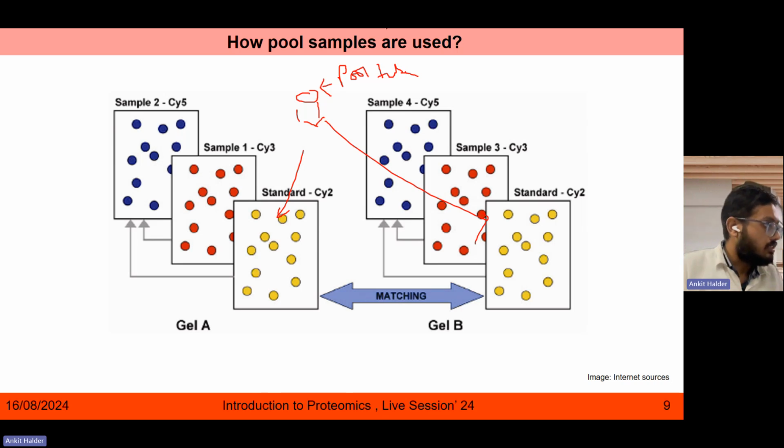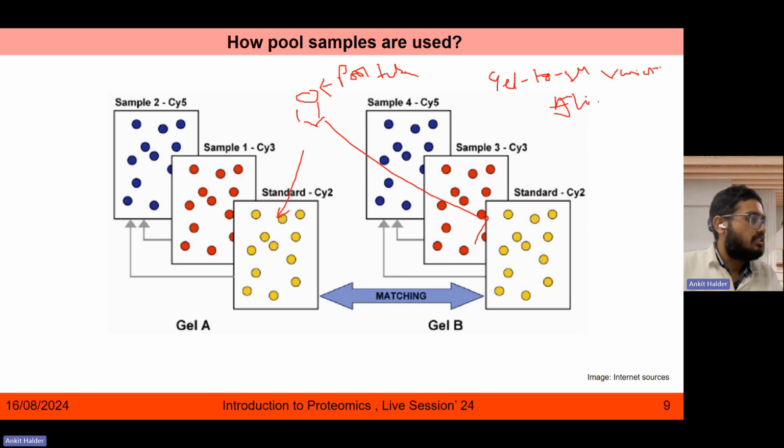If it is not there, then there is gel to gel variation. That needs to be overcome by aligning those spots, right?